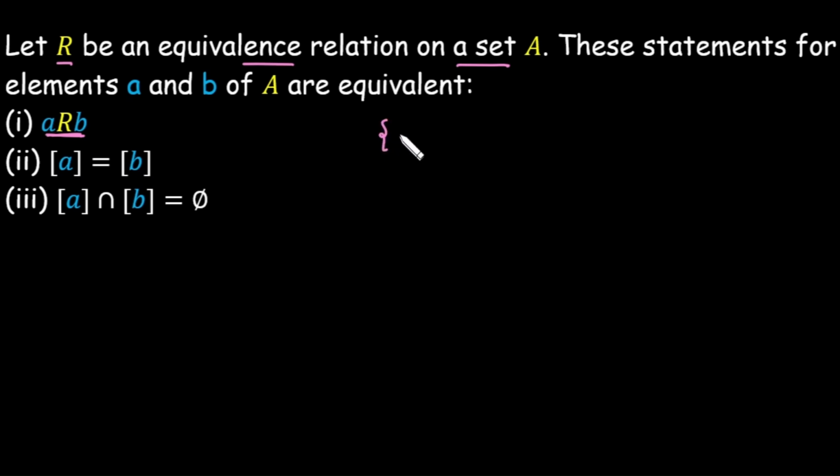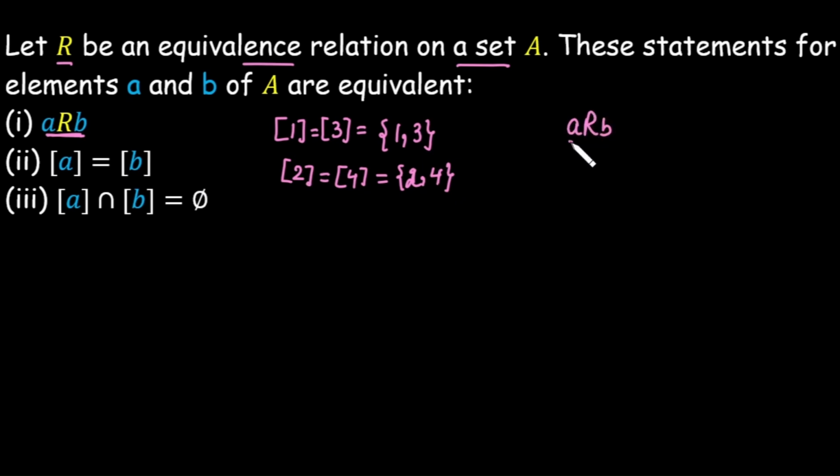Like in the previous case, equivalence class of 1 and 3 was same, that is 1, 3, and equivalence class of 2 and 4 are same, and they contain the elements 2, 4. So if any element is related with the second one, means if the ordered pair A, B is a part of the relation, then their equivalence classes are same.